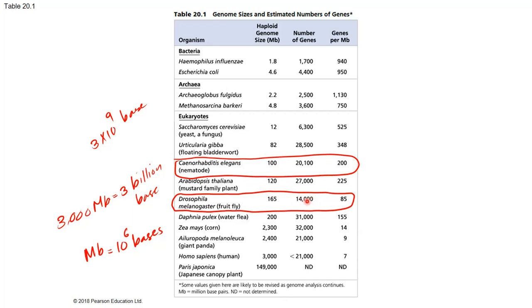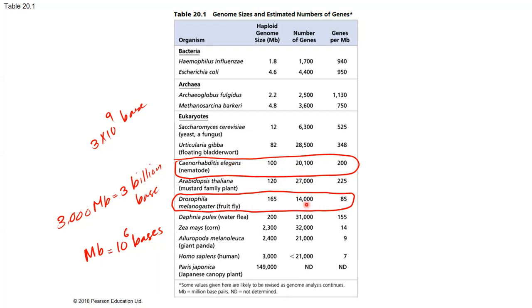The answer is that these 14,000 genes can produce more proteins than these 20,000 genes. Do you know how? Although Drosophila has 14,000 genes, it can produce more proteins from these genes compared to the genes in this similar organism.